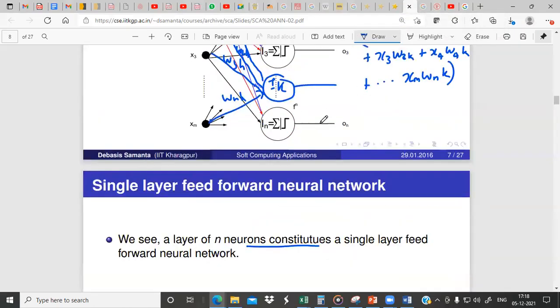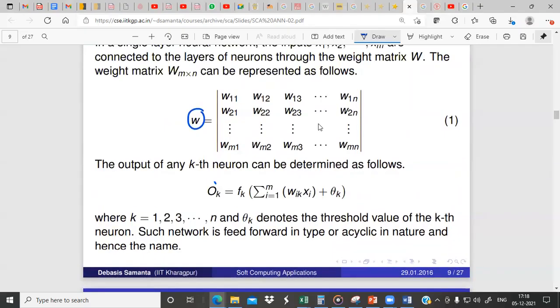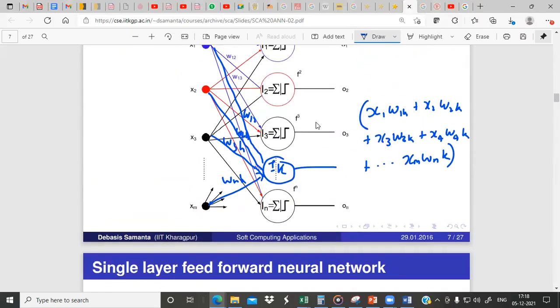Actually, if you see here, the equation is given something like this. The output OK is nothing but some function of the sum, sigma i equal to 1 to m, of WIK into XI, right? So this equation is generalized, that's all.